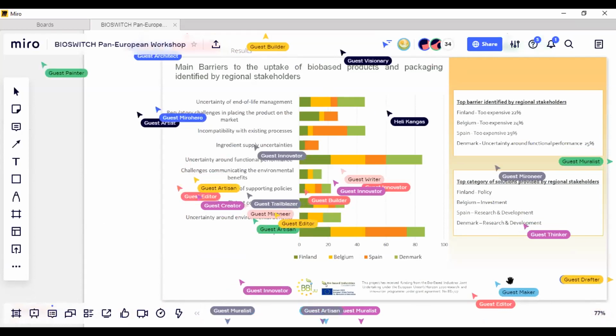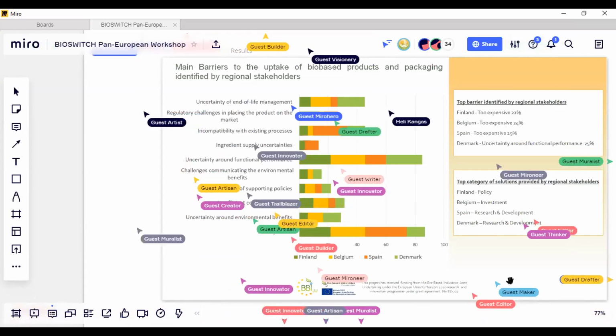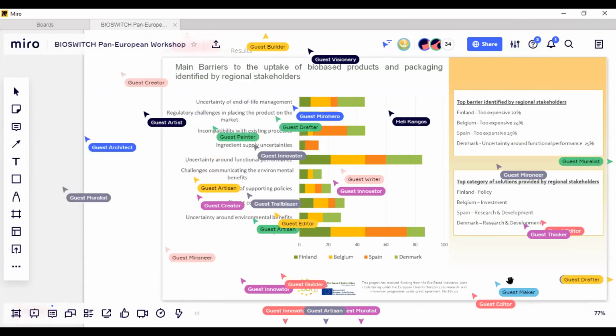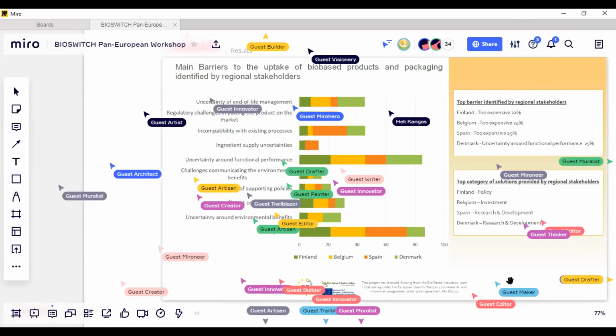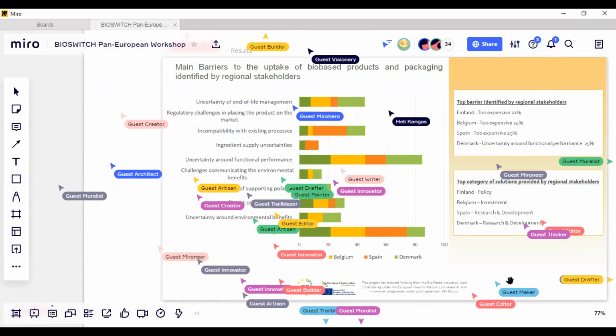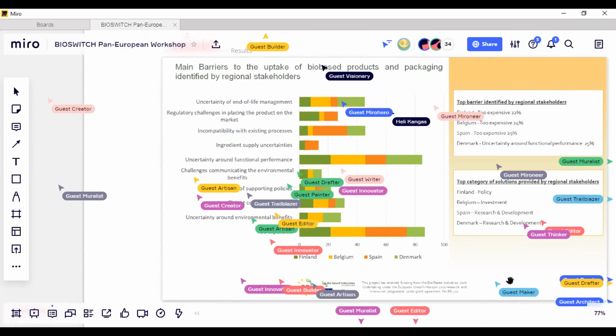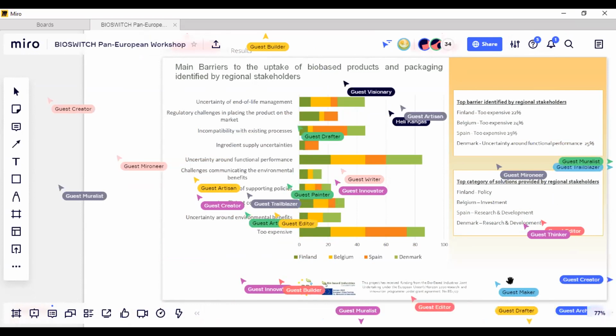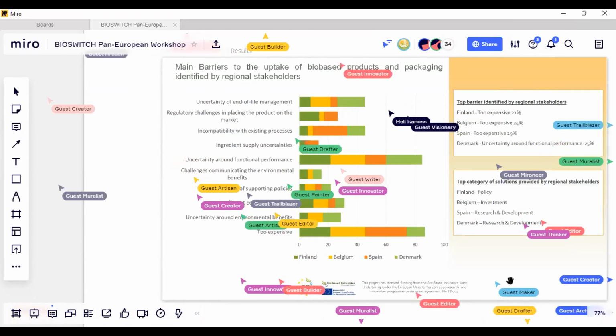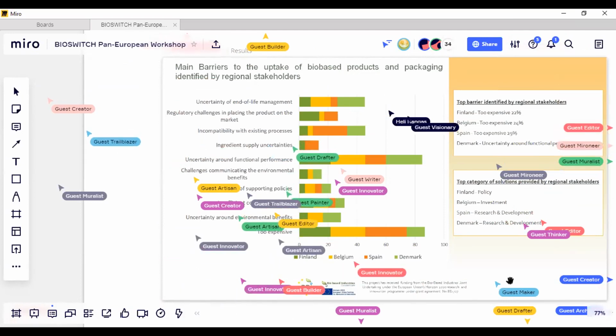So these are the results from the regional workshop. As Anna mentioned, we had 4 workshops in January in Finland, Belgium, Spain, and Denmark. The main barriers coming out of those workshops were cost and uncertainty around functional performance, coming out clearly as the 2 main barriers.